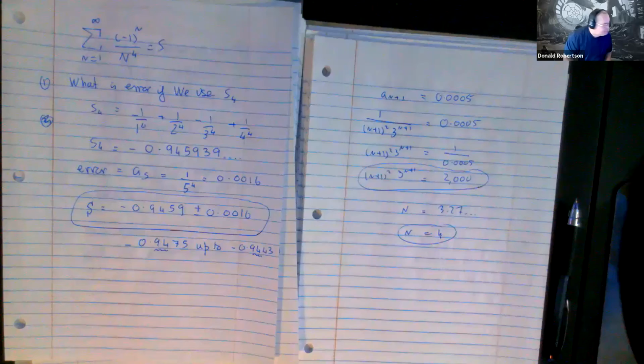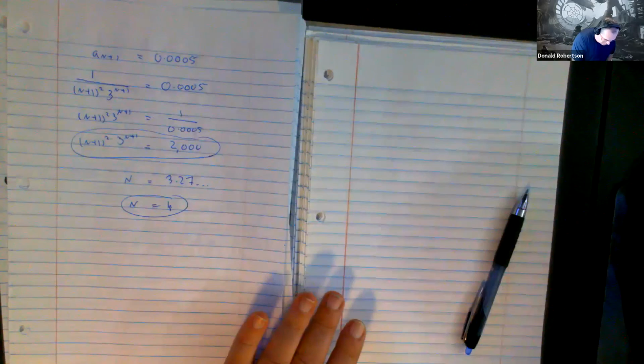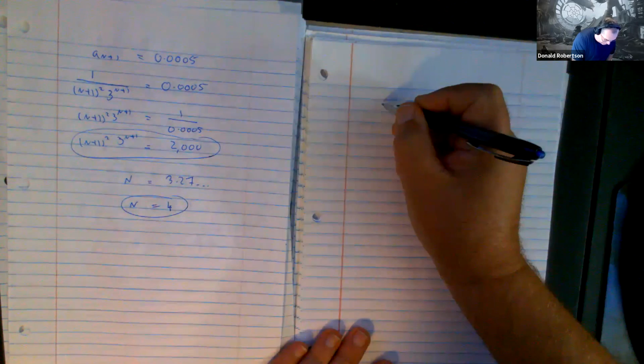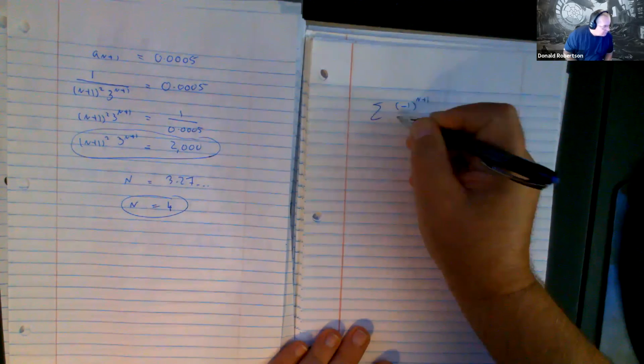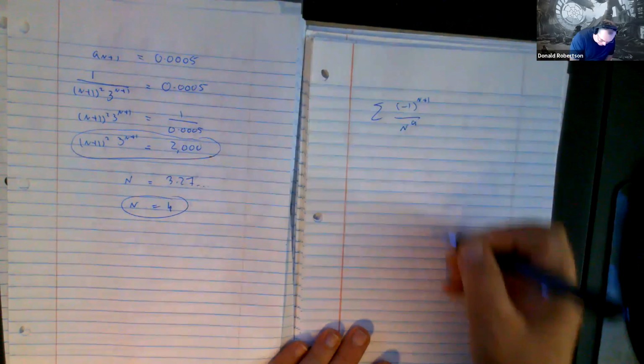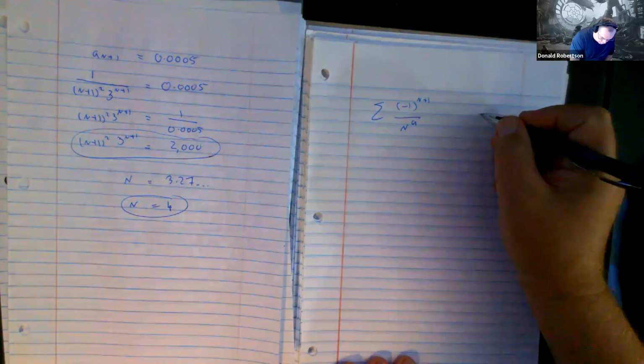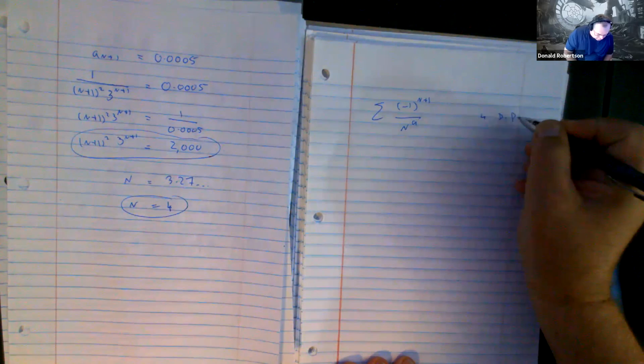Okay, in question 19, if we're talking about the one I believe we're talking about, it looks something like this. Let me get it on my white screen. It's this guy, right? And they want it correct to 4 decimal places.